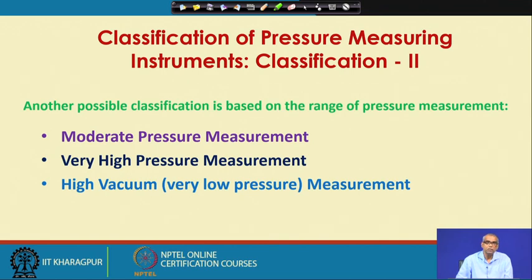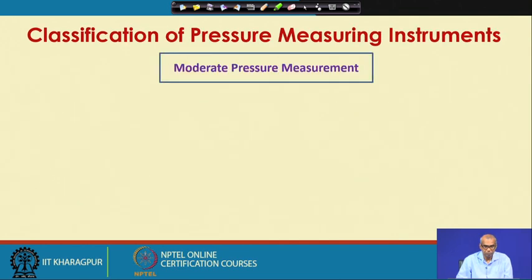In this lecture, let us follow this classification. We will classify all pressure measuring instruments into three categories: moderate pressure measurement, very high pressure measurement, and high vacuum or very low pressure measurement. Let us now look closely at moderate pressure measurement.